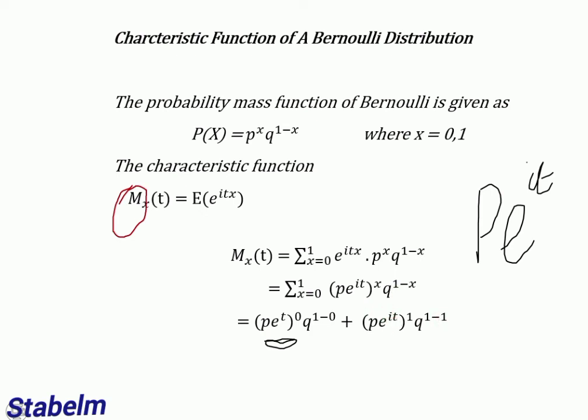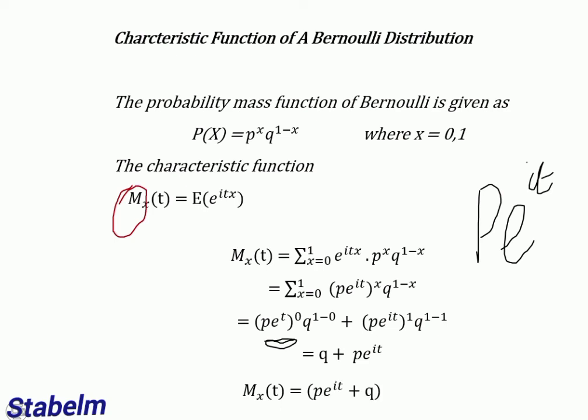So what will remain here is q and p exponential iota t, and therefore the probability characteristic function of Bernoulli distribution is equal to q plus p exponential iota t. Or we arrange it this way: we say m subscript x of t equals p exponential iota t plus q.